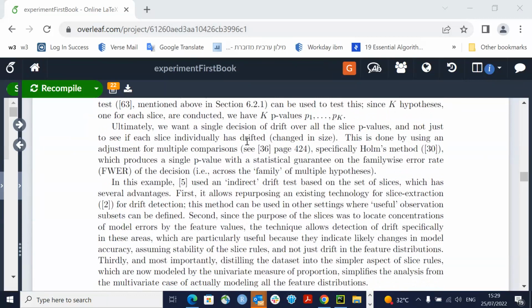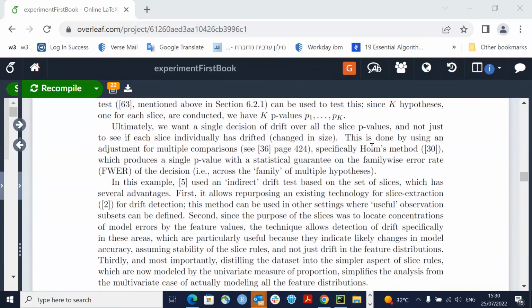The reason is that we want to make a single decision of whether drift has happened, not by looking at a single slice, but by combining the evidence across all the k slices. So it's not enough to say that one slice has changed in size.